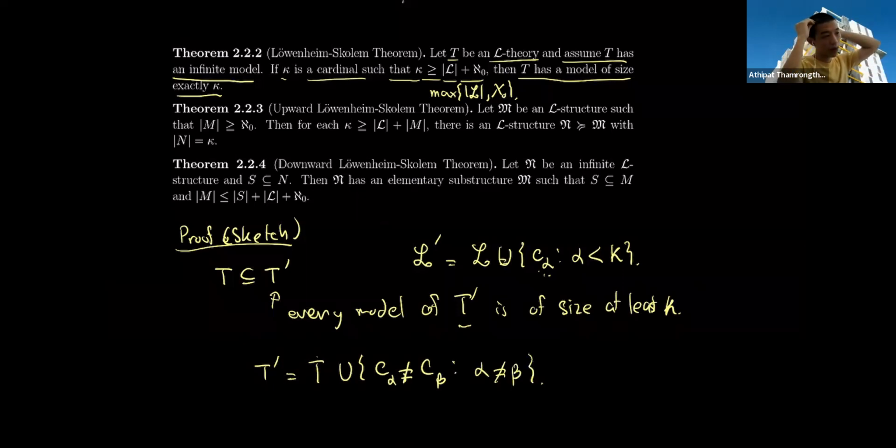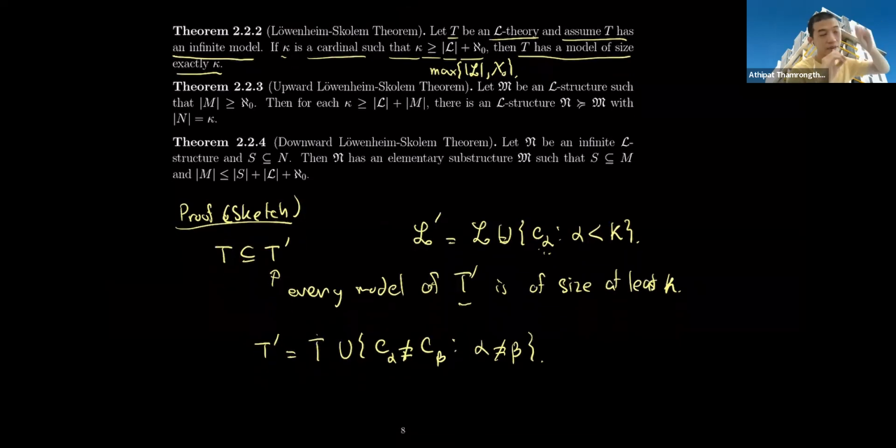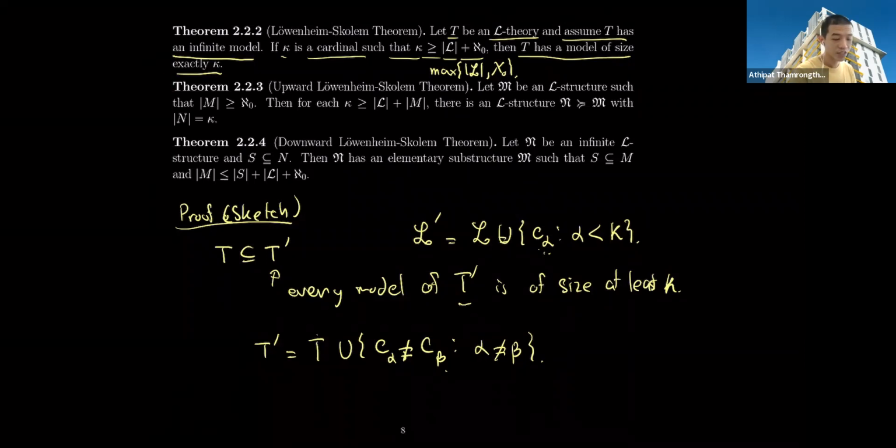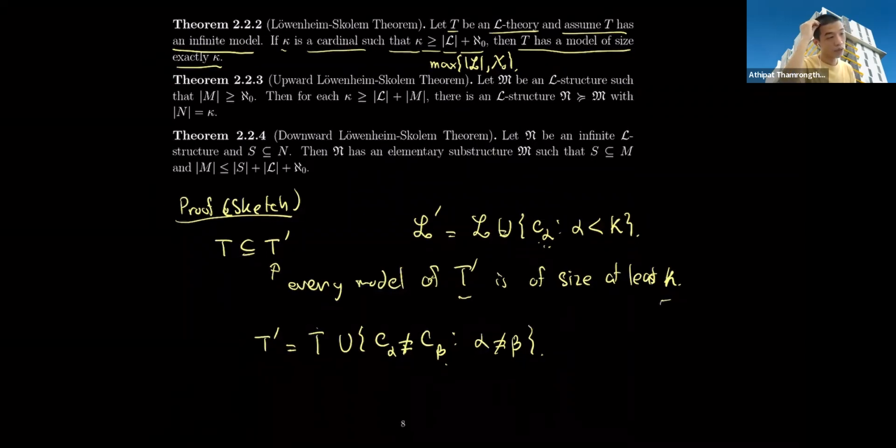So by doing this, if T' has a model, it must have all the distinct interpretations of each distinct constant symbol here, which means that it can guarantee that it has size at least kappa.